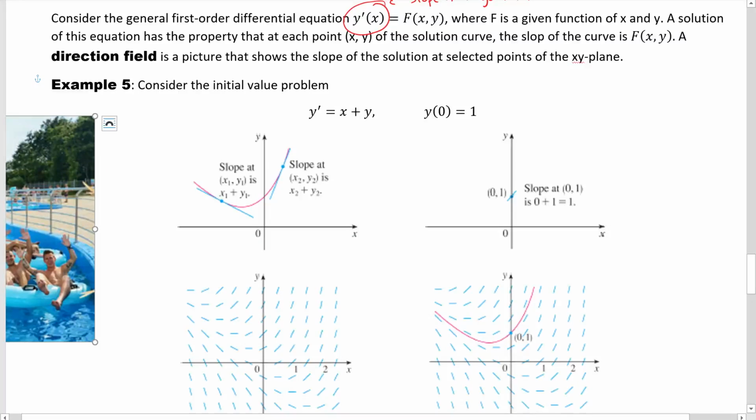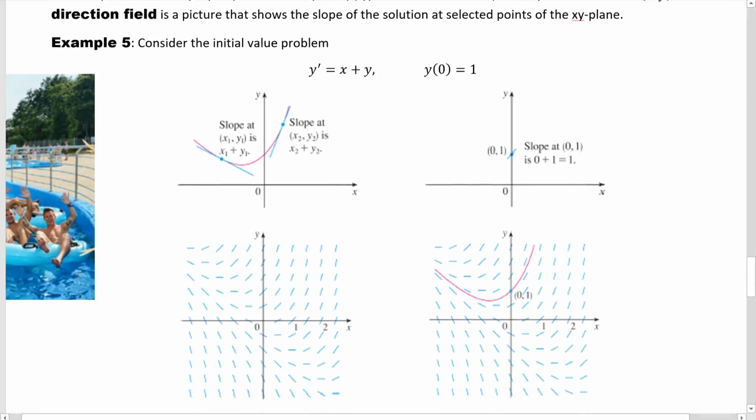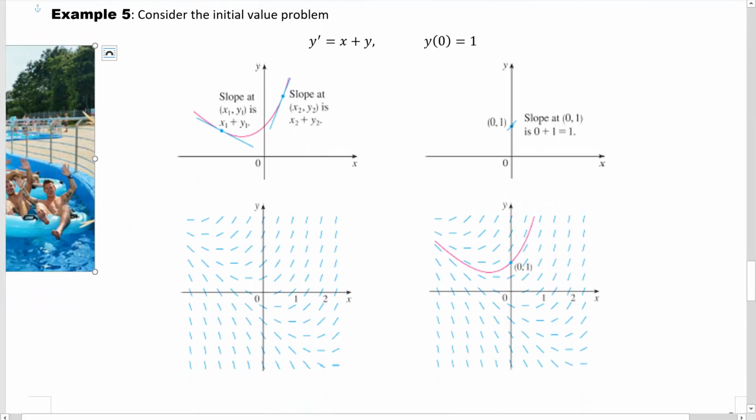Okay, so let's look at example 5. Consider the initial value problem y prime equals x plus y, y of 0 equals 1. How do we find the slope? Let's pick some points. Consider the point (0, 0). When you plug into the differential equation, 0 plus 0 is 0.